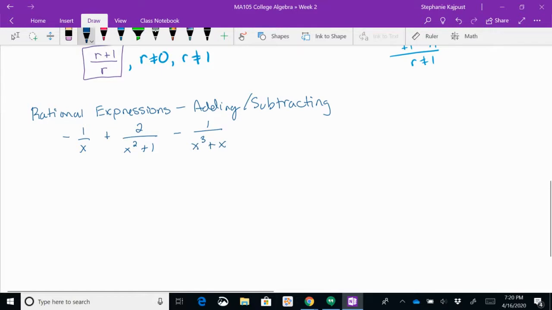Okay. So this is actually an odd-numbered problem that I modified slightly. So we have a negative 1 over x plus, actually, you know what? I'm going to just modify it slightly just to hit all the major points that we might have to.